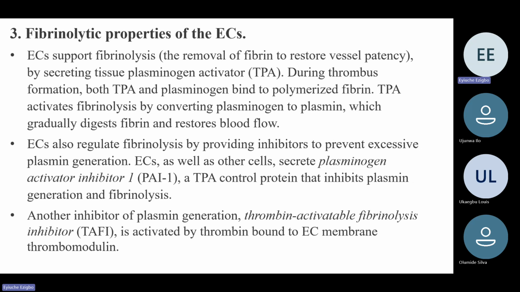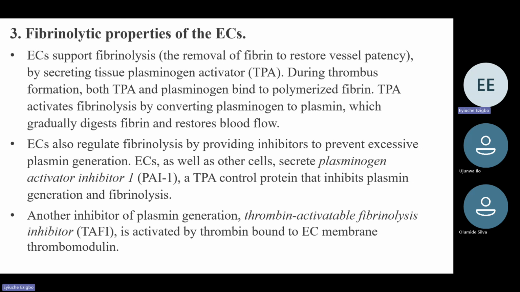So these are some of the substances secreted by the endothelial cells that help them function in this fibrinolytic property, ensuring that vessel patency and smoothness of the vessel are restored after healing.